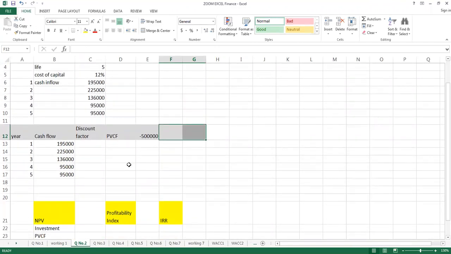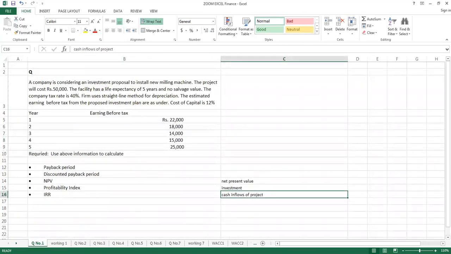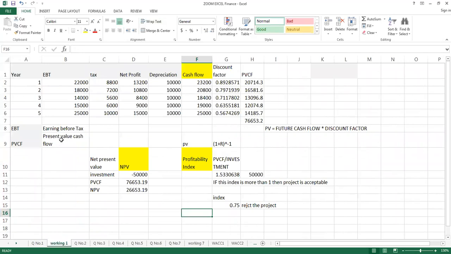So as we discussed earlier in the previous lectures, if you know the cash inflows of different years, your first work is to find out present value of these cash flows. And to calculate present value, as you have seen, PVCF stands for present value of cash flow.